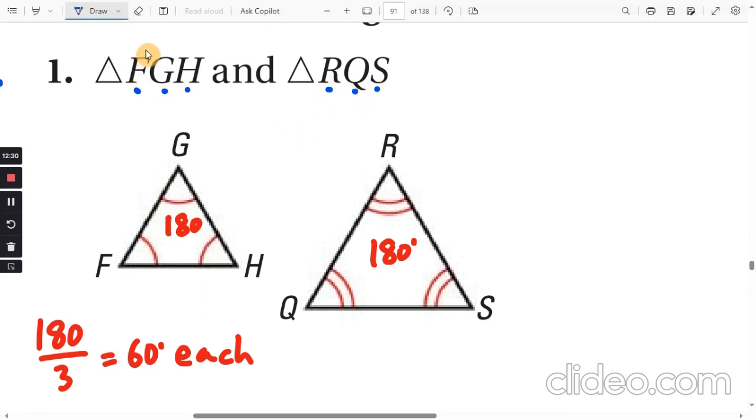Let's make sure the first letter matches. Does F match R? Let's see. I'm going to put a 1 on the F and a 1 on the R. We said these were 60 degrees each, so yes, this one definitely matches that one. The second letter is G and the second letter is Q, so I'm going to put a 2 there and a 2 there. Do these match? Yes.